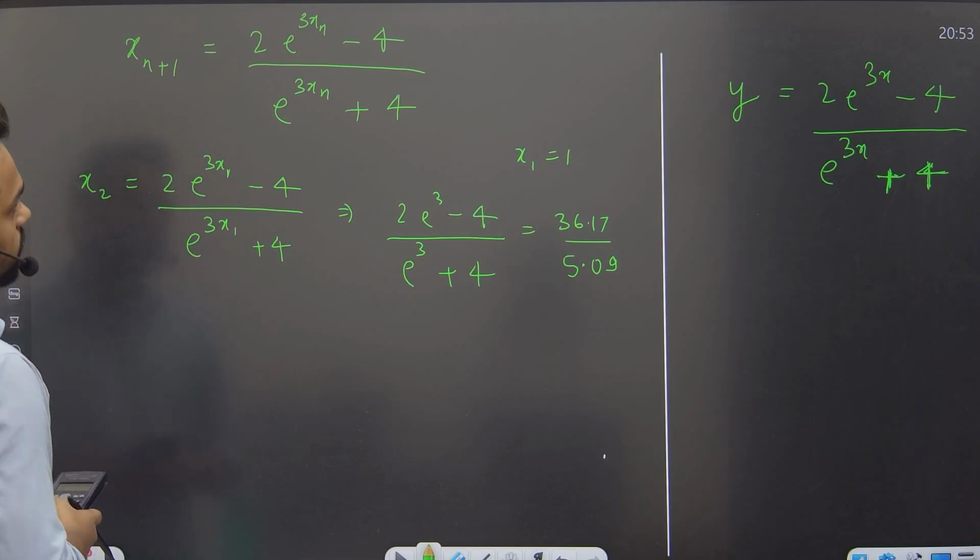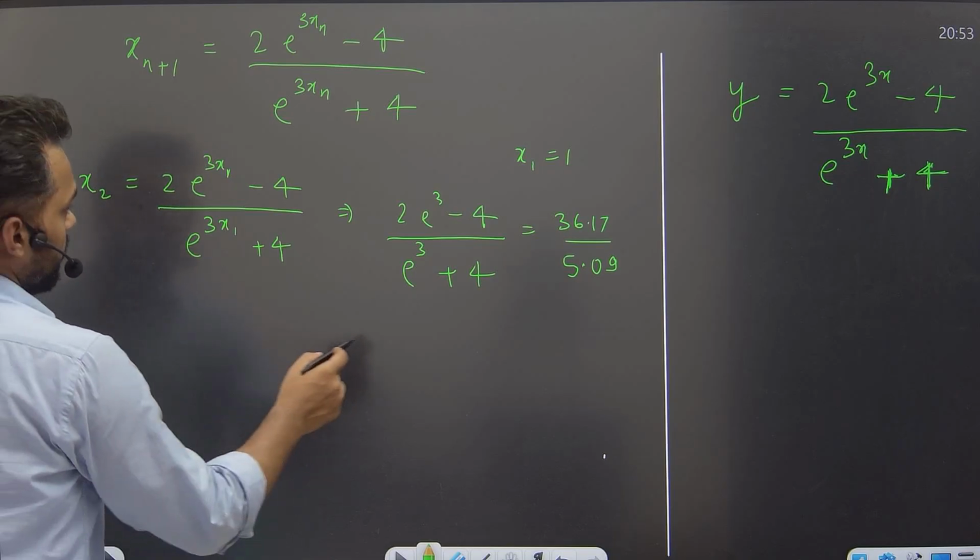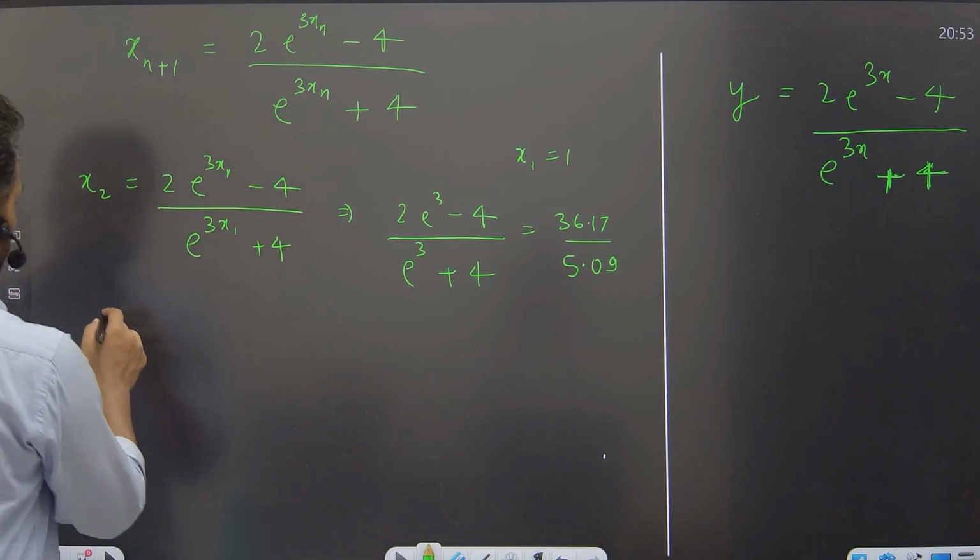So x2 we are getting, student, as 7.106.